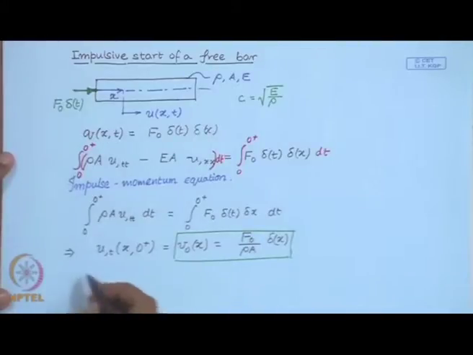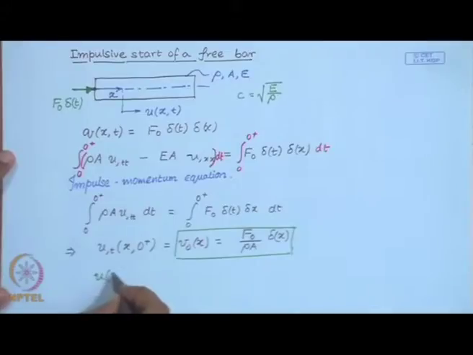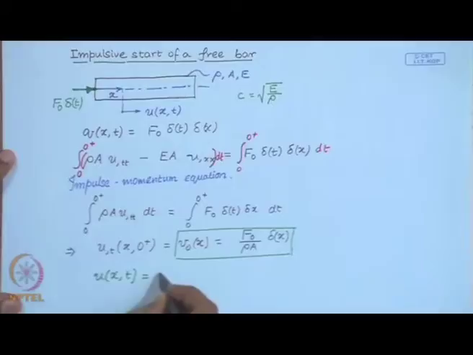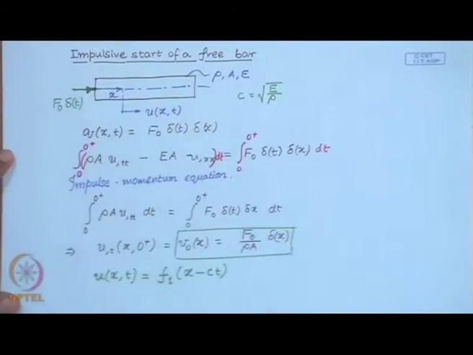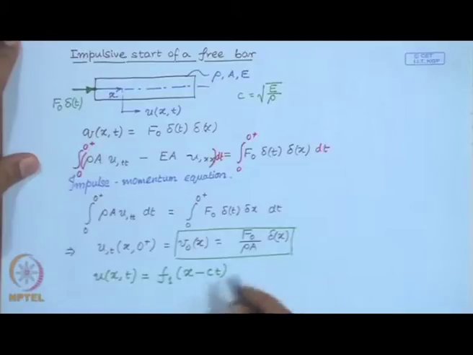The wave field in the bar can therefore be written as f1, a positive travelling wave front in the bar. So the axial displacement of the bar is guided by this propagating wave front. Now we will apply this initial condition.